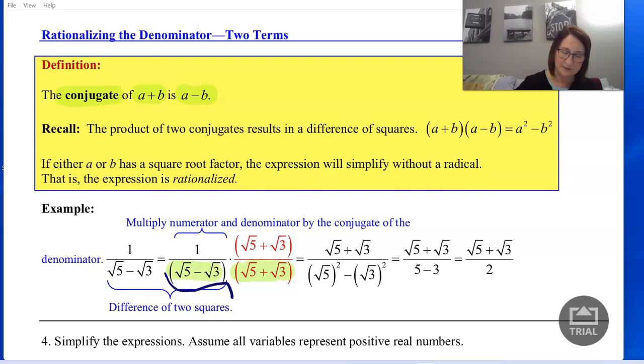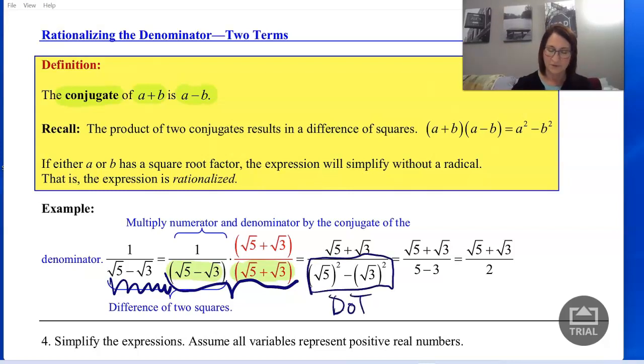So my difference of two squares comes from those two conjugates. And this right here is my difference of two squares. All right. And so the square root of 5 squared is going to give me 5. Square root of 3 squared is going to give me 3. No radicals. 5 minus 3 has always been 2. It will always continue to be 2.